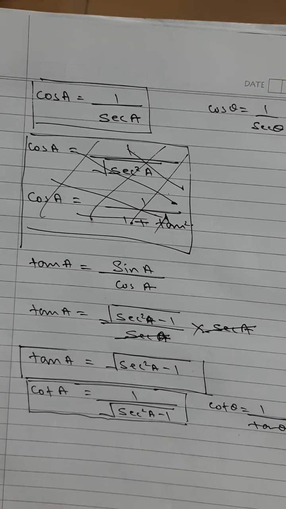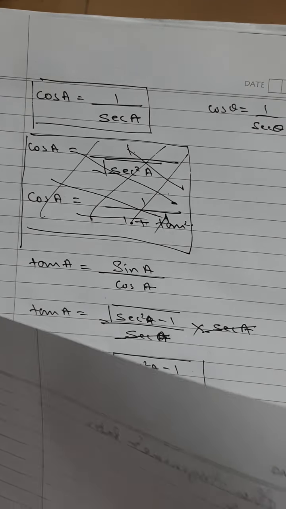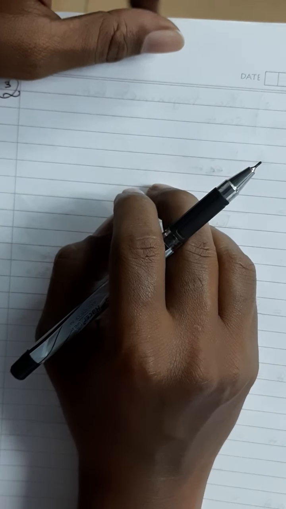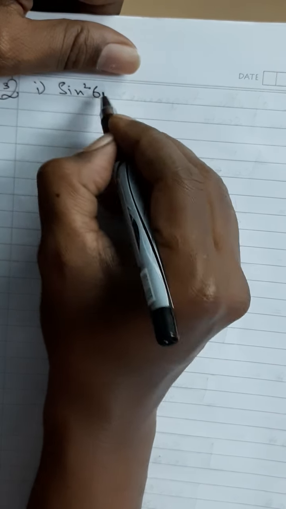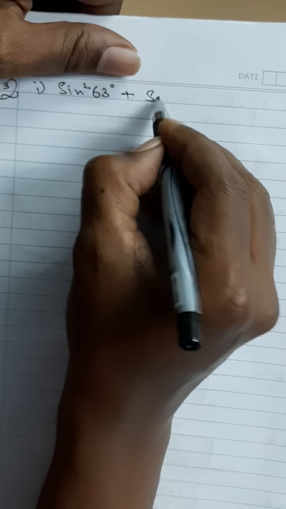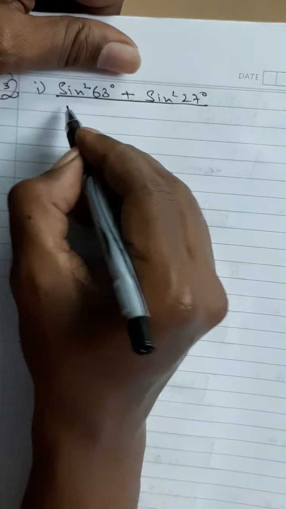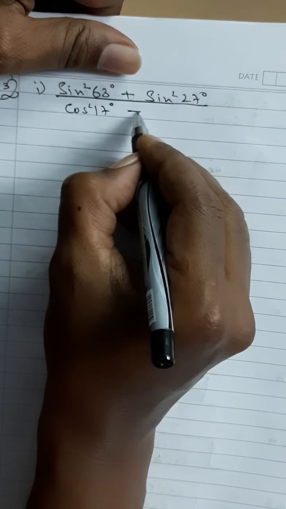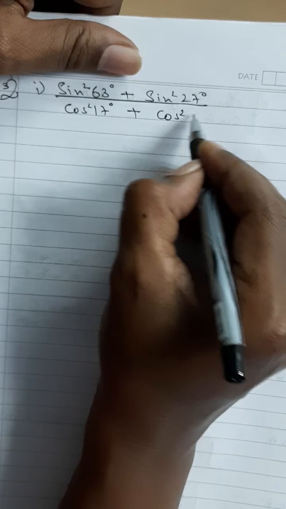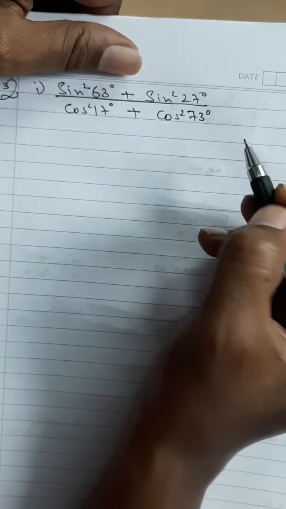Now we can go to solve question number 3. Question number 3 is quite simple and you will be able to understand it because it is in the range of same exercise 8.3 what we have solved before. Evaluate sine square 63 degrees plus sine square 27 degree upon cos square 17 degree plus cos square 73 degree.